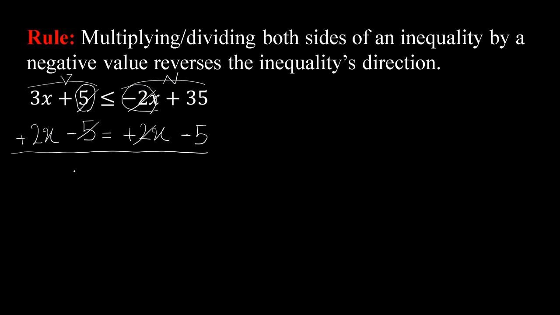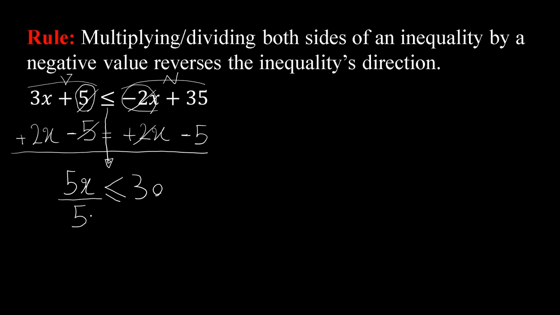On the first side, I'm going to have 5x. The inequality sign is going to transfer directly, is less than or equal to 30. Okay, what should I do? I must make the coefficient of x 1. How am I supposed to do that? By dividing this side by 5.